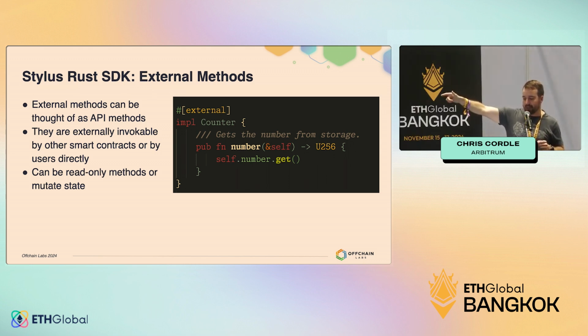With that public macro, or external macro, what we're doing there is implementing on Counter, and we're setting up our public methods that expose our Solidity API, for methods that external users can call on your smart contract.